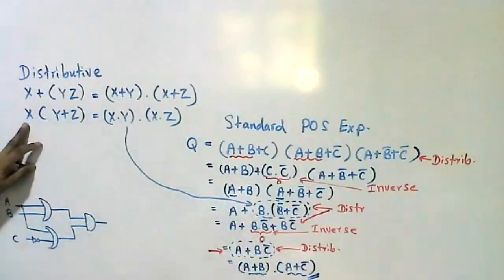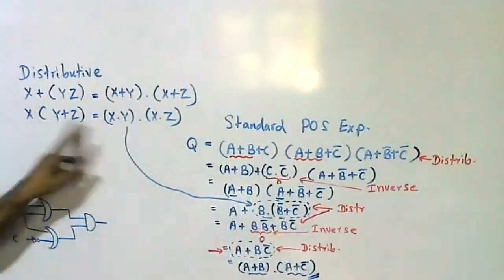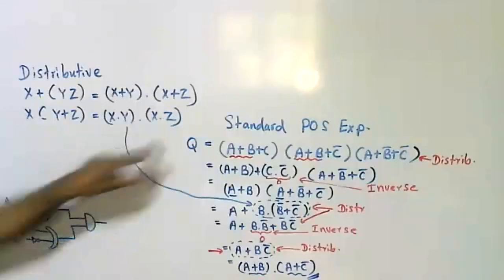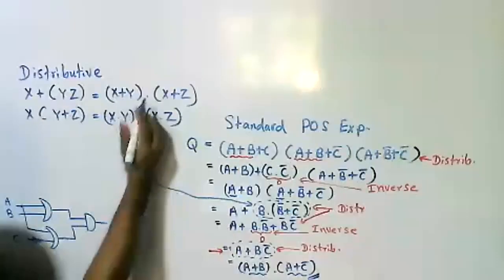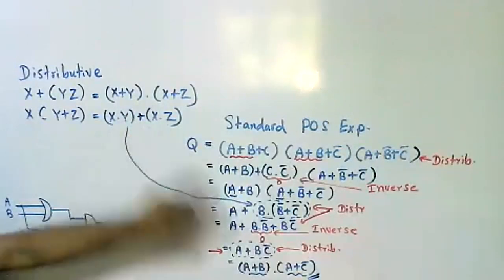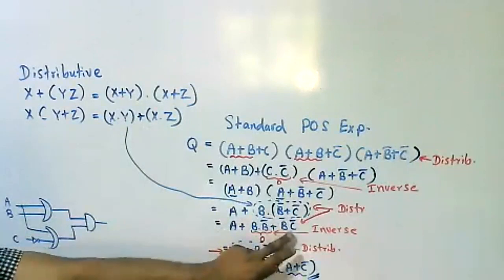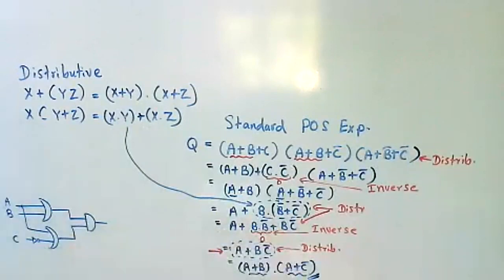See here, B into B bar plus C, X into Y plus Z, so it is equal to XY plus XZ. I applied it here: B into B bar plus B into C bar. Clear?